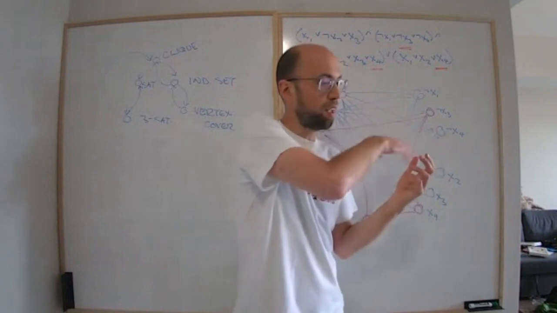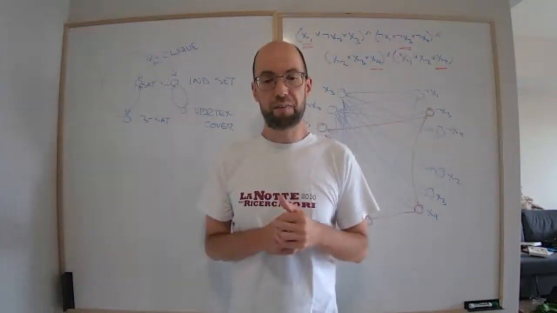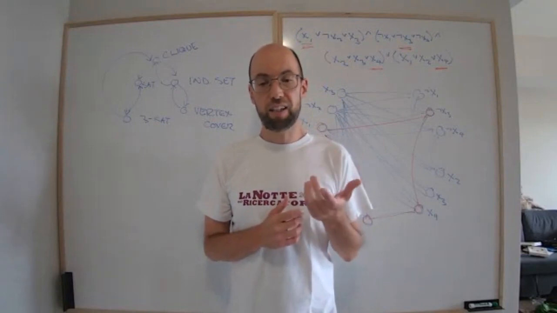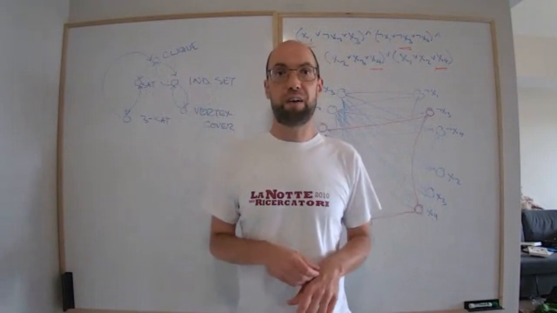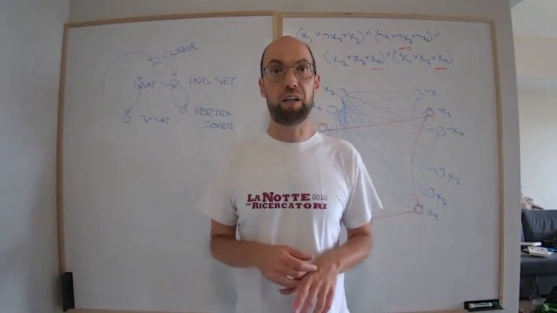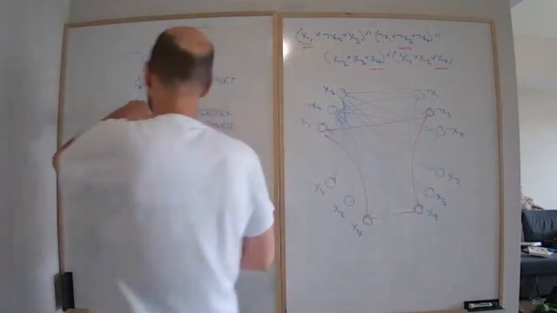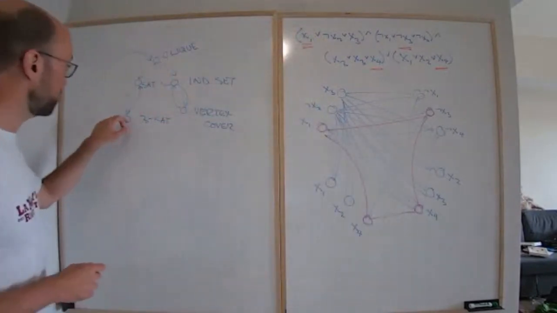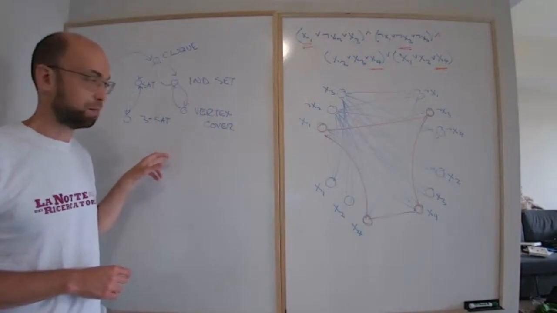We can write a formula to see whether a graph has a clique. You can also write a formula that says, does this graph have a 3-coloring? So 3-colorability reduces to SAT. You can also show that 3-SAT reduces to 3-colorability. So I'll do that next time.